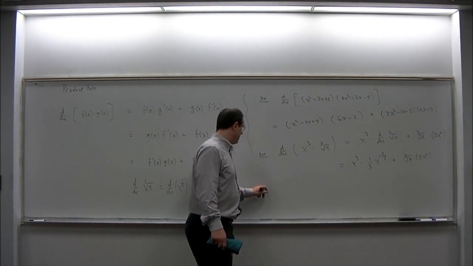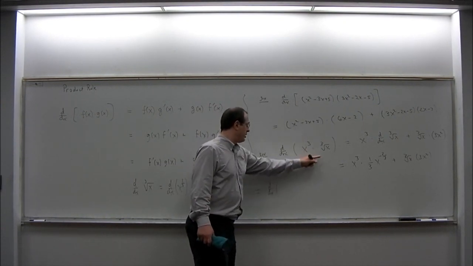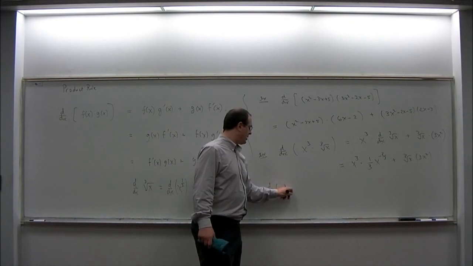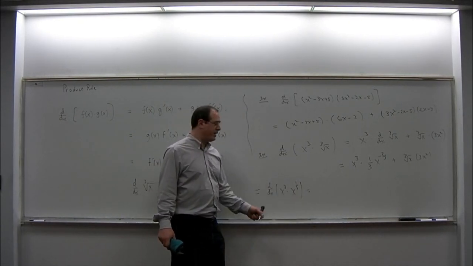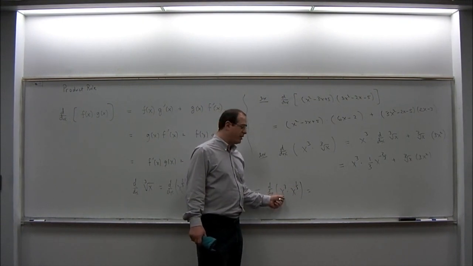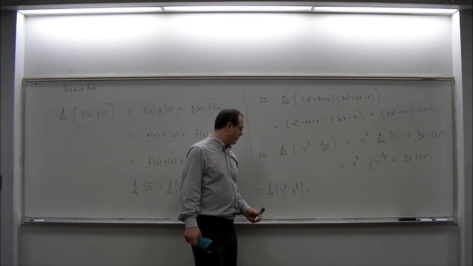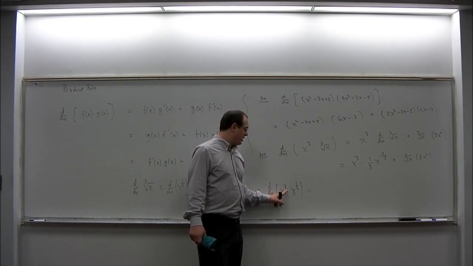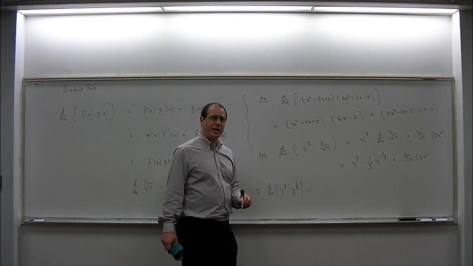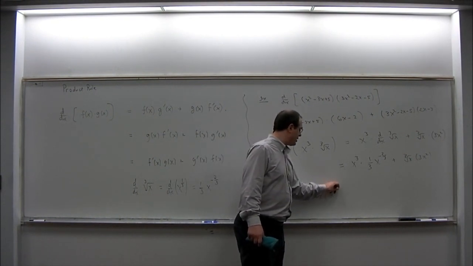I would recommend taking advantage of the fact that the cube root of x is a power function, and then multiplying the functions together by adding the exponents. Power function times power function, you add the powers. 3 plus a third. 3 is 9/3, and therefore 3 plus a third is 10/3. So we're trying to differentiate the function x to the 10/3.